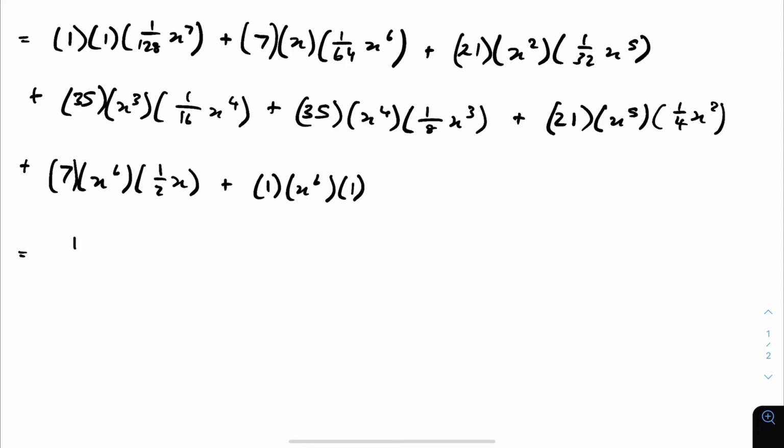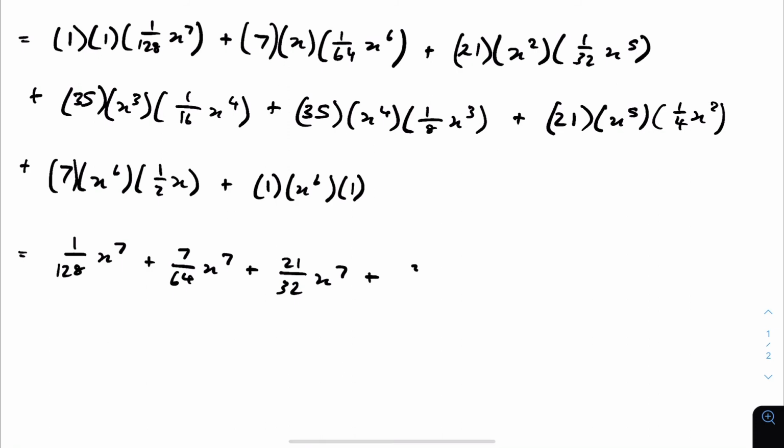So the first term will be 1 over 128 times x to the power of 7, plus 7 over 64 x to the power of 7, plus 21 over 32 x to the power of 7. As we can see, they all end up equating to one term since they all have x in them.